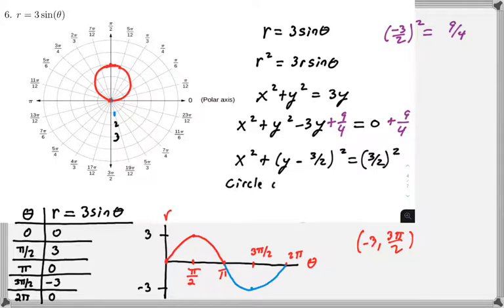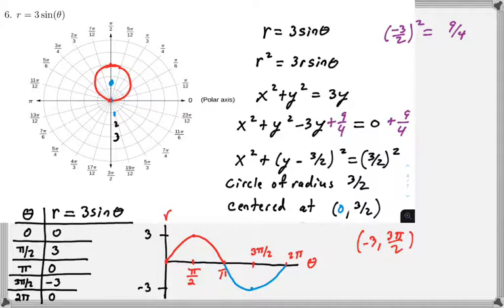And so this is a circle of radius 3/2 or 1.5, and that's going to be centered at the point 1, 3/2. Sorry, not 1, 0, pardon me. So 0, 3/2, somewhere about right there. That's the center of that circle there.